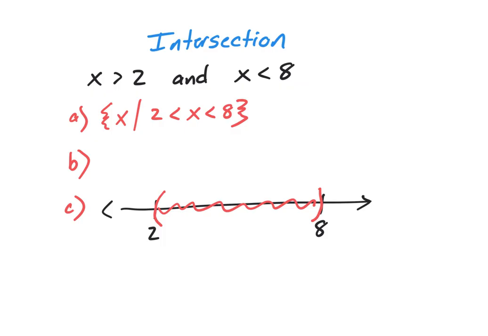If you wanted to, you could write it separately. Some people probably would prefer to write it like this, but it takes a little bit longer, right? It's a little bit more writing to get there, whereas this is combined. And all we're saying here is x is between 2 and 8. 2's on the left, 8's on the right, x is somewhere in between those.